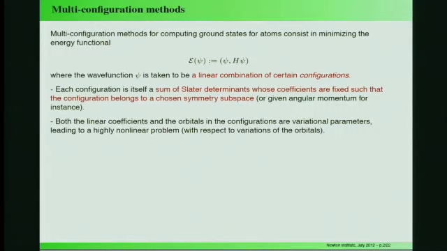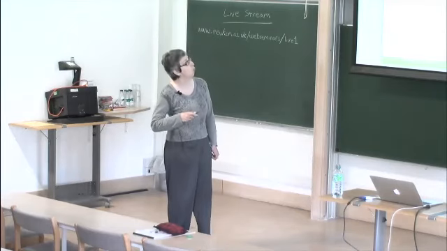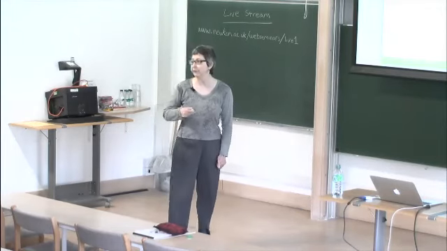The wave functions are linear combinations of certain configurations, and each configuration is itself a sum of Slater determinants whose coefficients are fixed such that the configuration belongs to a chosen symmetry subspace.